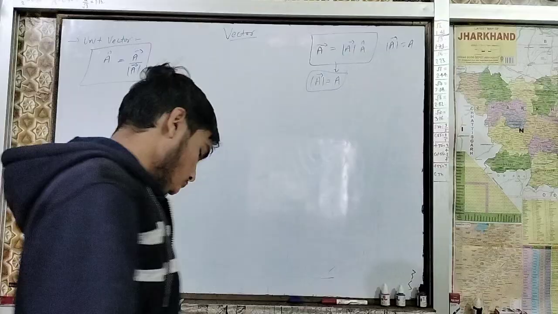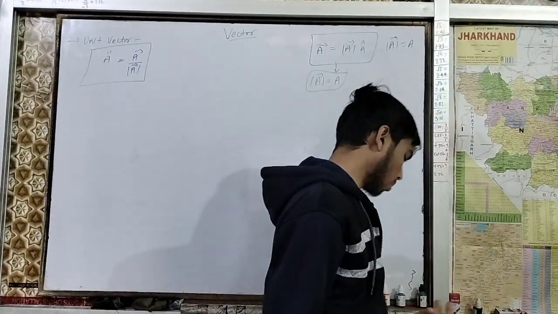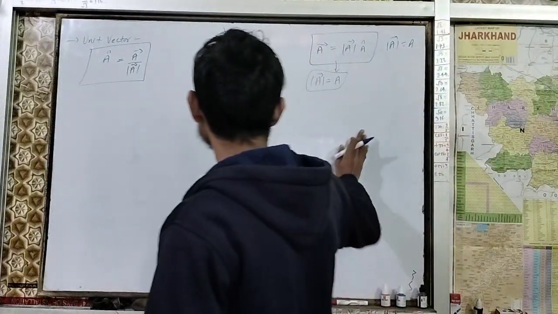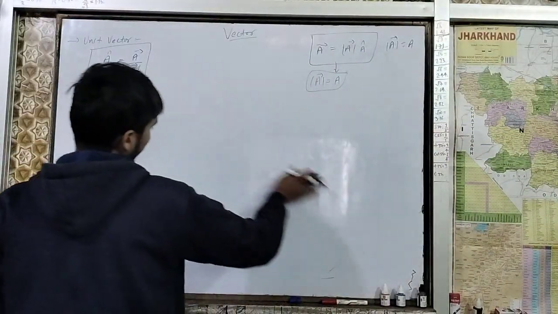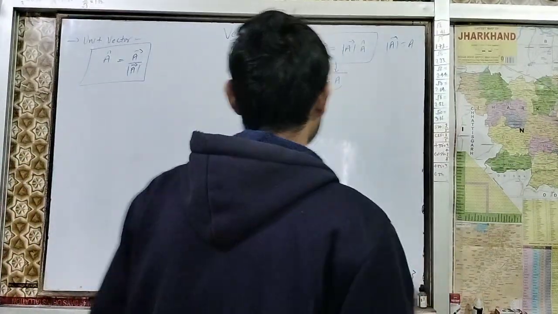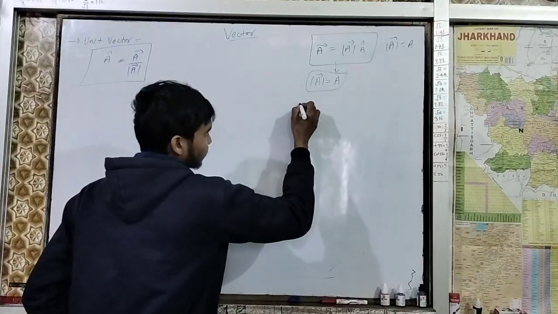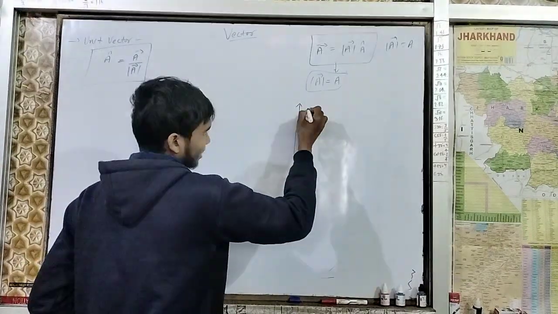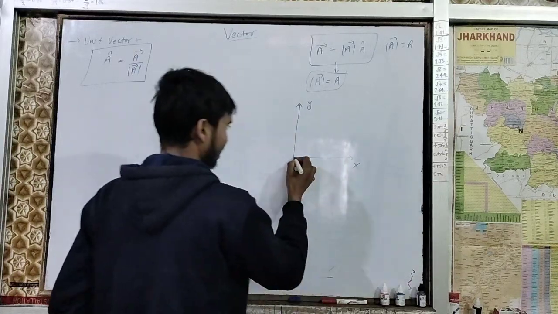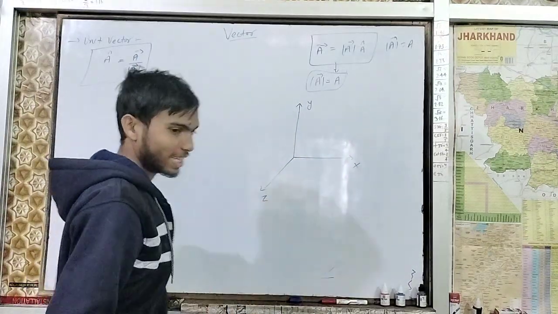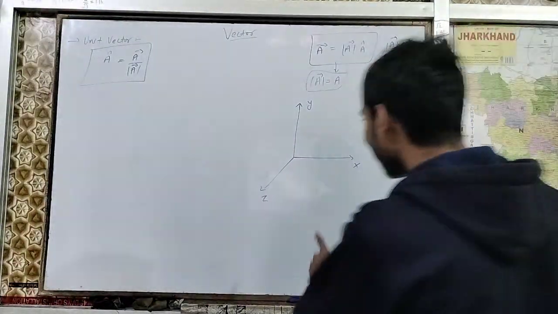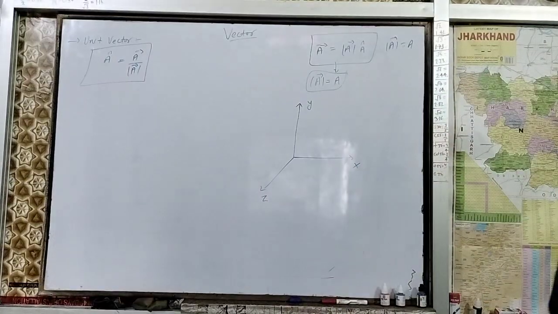Now let's explore more about it. Three standard unit vectors. Three axes we are taking: this one is the y axis, this another is the x axis, and this third is the z axis. There is a twist: we did not write them in the form of a vector.